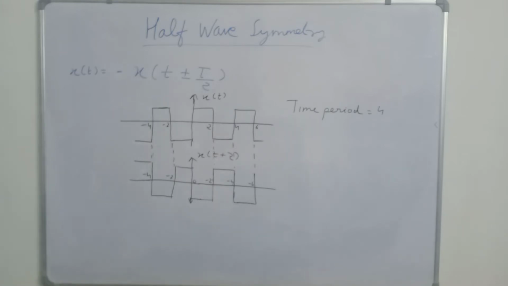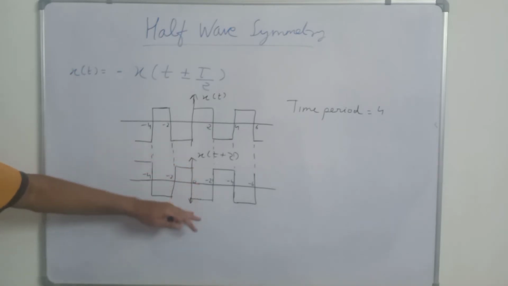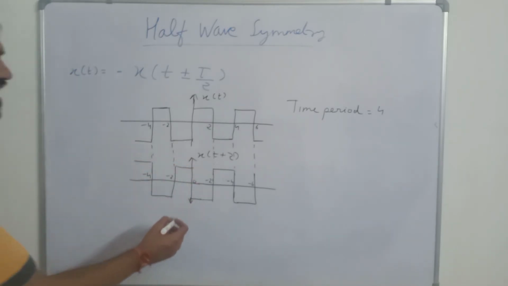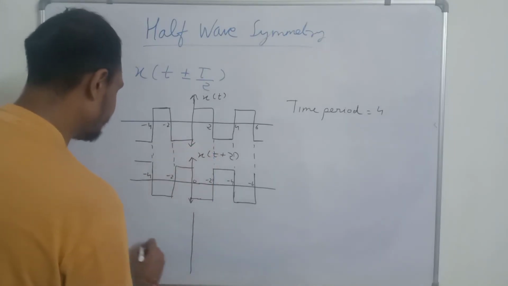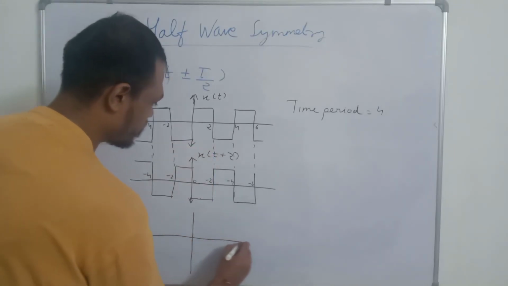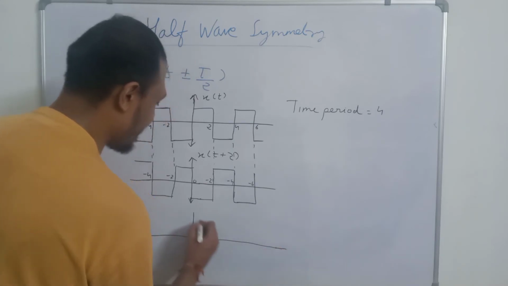Now we have to do the amplitude reversal. The positive values will become negative, and the negative values will become positive. This is also called rotation about the x-axis.